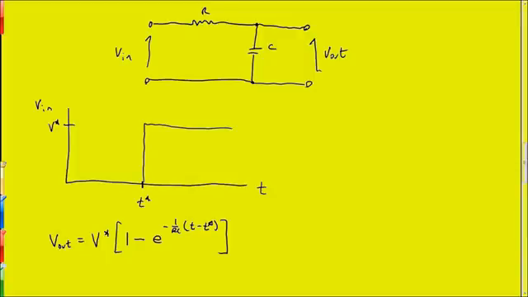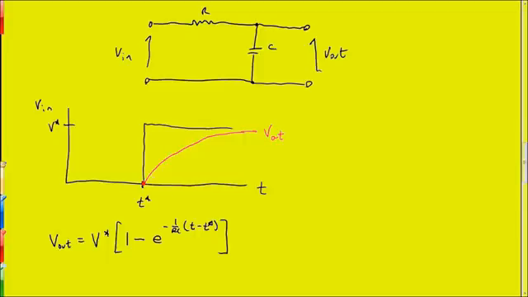If we look at what v out looks like, we'll graph that in red here. When t is equal to t star, we get a 0 in the exponent, and so e to the 0 is 1. And so right at t star, v out is still 0. As t approaches infinity, we get e to the minus infinity, which approaches 0. So after a long time, v out is going to approach v star. And then in between, we get what amounts to an exponential function. And it looks like that.